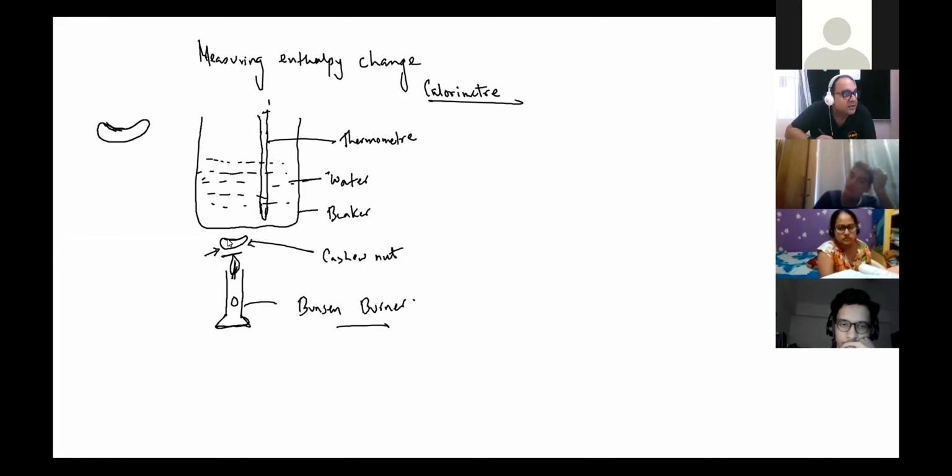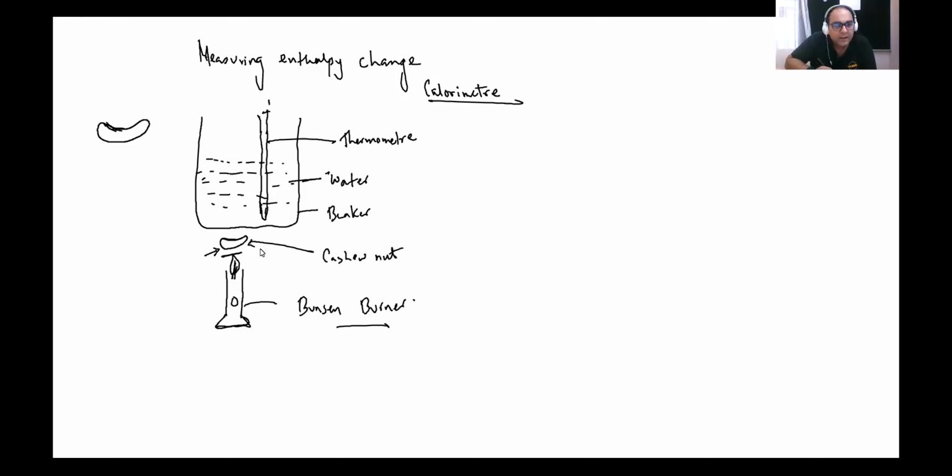The only energy which will be reaching this container is the energy which will be released when burning this cashew nut. Now we start burning this, and this cashew nut releases energy. This energy is then used to heat up this water.